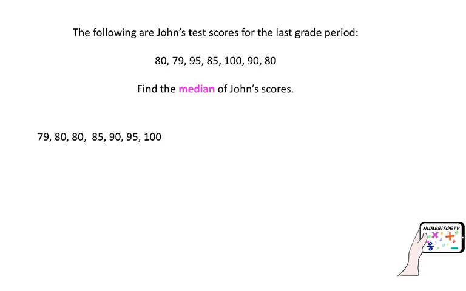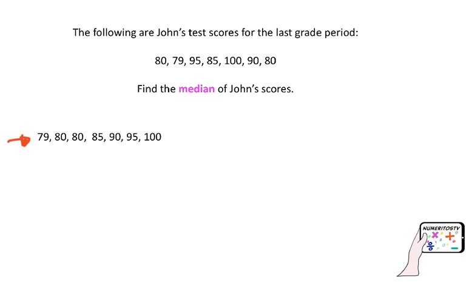What about the median? Again, we have the same test scores that belong to John, but now I want to find the median. Remember that to find the median, our data needs to be in order from least to greatest. So here I already wrote those test scores from least to greatest. And to find the median, we are going to find the middle number.